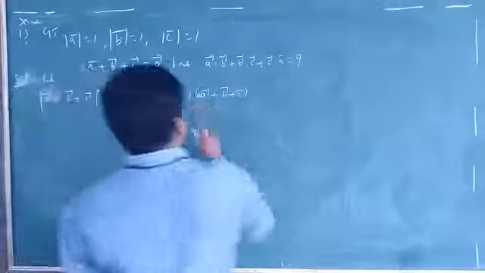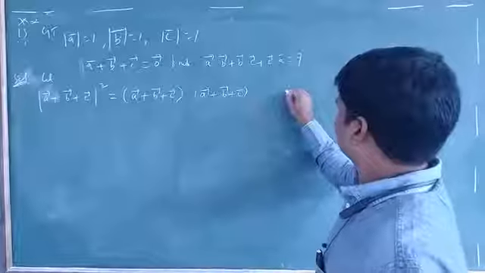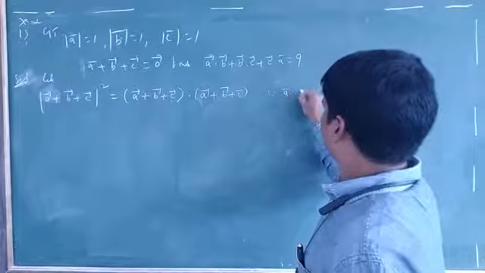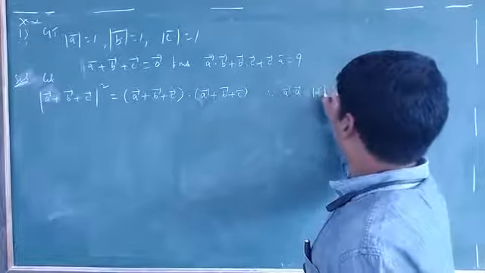Can you take like this or not? Yes. Since a bar dot a bar is equal to mod a bar square.